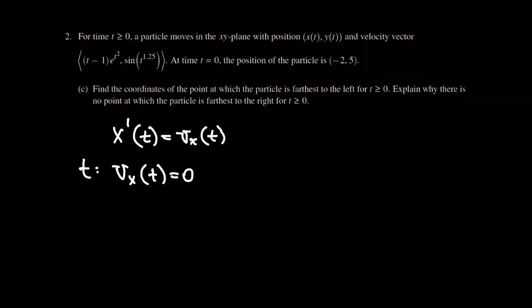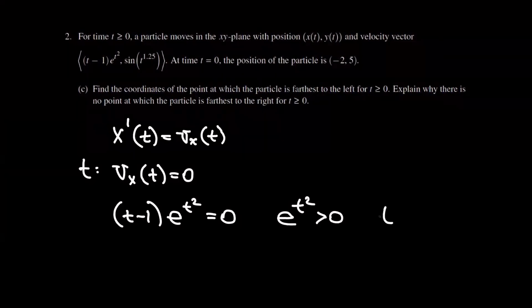So in our case, this is t minus 1 times e to the power t squared equal to 0. And e to the power t squared is always positive. So it's only when t minus 1 is equal to 0 that this is true. So solving, t equals 1.